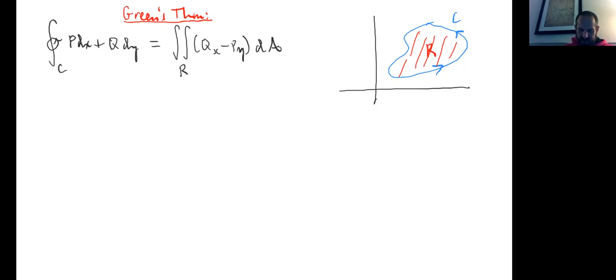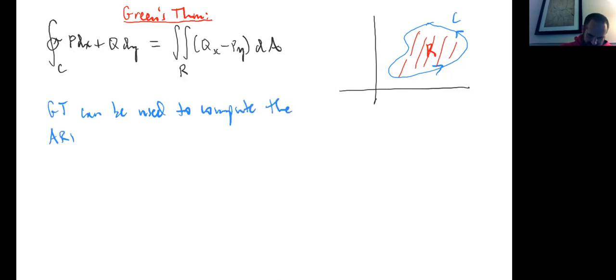Now, Green's theorem, so GT, let me just say this, GT can be used to compute the area of R, okay, if P and Q are chosen so that... what?